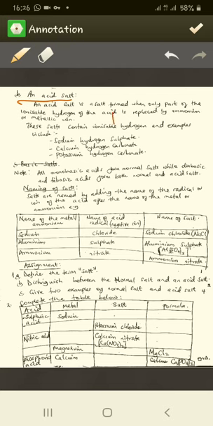An example is if you have sulfuric acid and sodium only replaces one hydrogen, so you remain with sodium, but the hydrogen also remains because only one has been replaced. You remain with sodium hydrogen sulfate. That means only one hydrogen has been replaced. So the other examples are shown here.